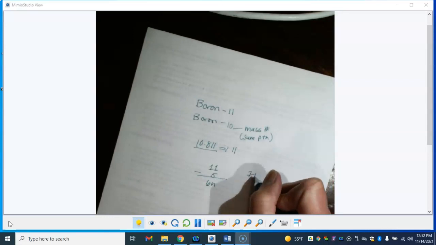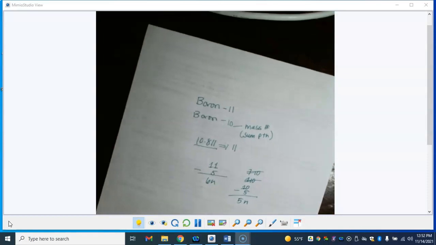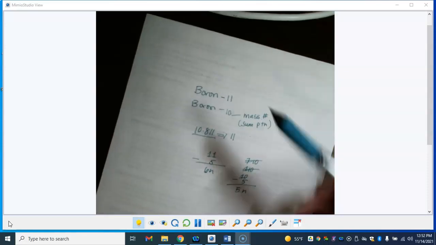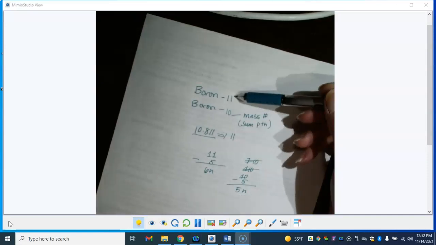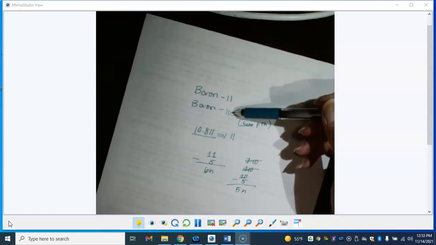On boron 10, if we subtract the atomic number, we have 5 neutrons. The only thing different between boron 11 and boron 10 is their number of neutrons. Boron 11 is represented on the periodic table because it is most abundant in nature. The other is still in nature, we just don't find it that often.